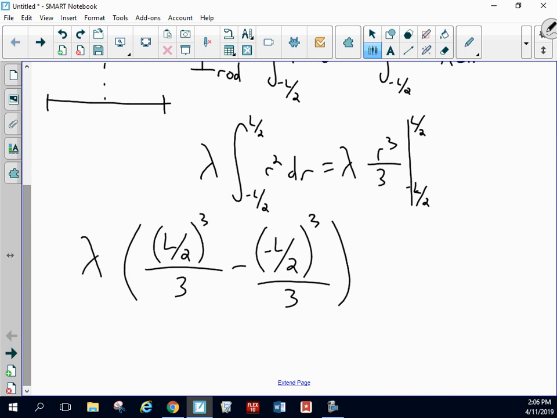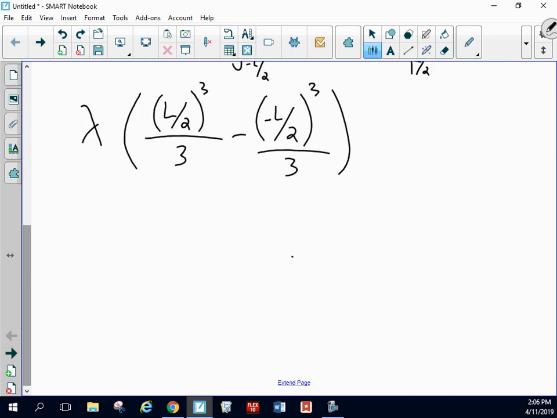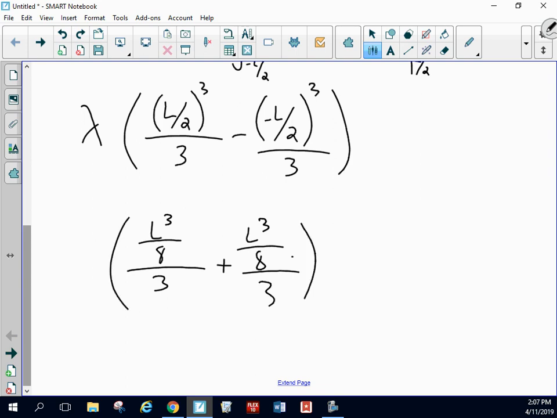Now it's just a matter of cleaning this up to get our simplest result possible. Distributing that cube, we get L cubed over 8 over 3, minus a negative, so we could go right to calling this a plus, L cubed over 8 over 3, times lambda.